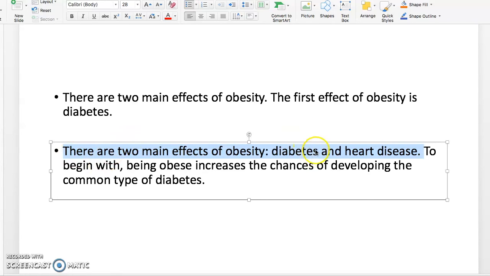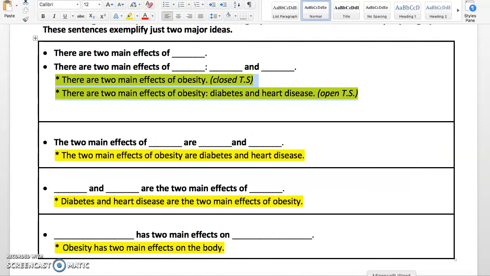I have already said it here. So instead, I would start explaining it directly, like, to begin with, being obese increases the chances of developing the common type of diabetes, for example, okay? And then I'll continue from here. So that's the only difference, actually.